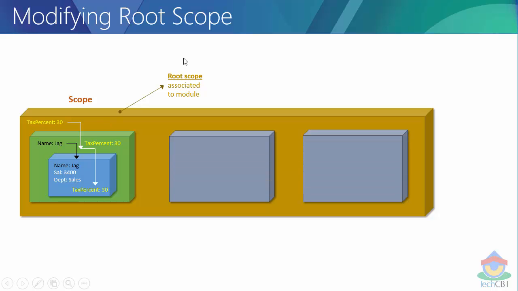This root scope now has 3 scopes adjacent to each other, so there is no relation between this scope and this, and none between this and this. However, these two have a parent and child relation, but these are all siblings, so they do not have a direct relation. However, these scopes are all part of the root scope.